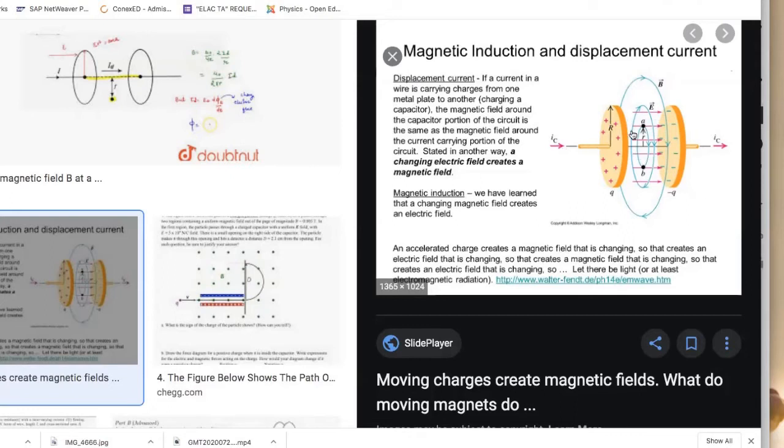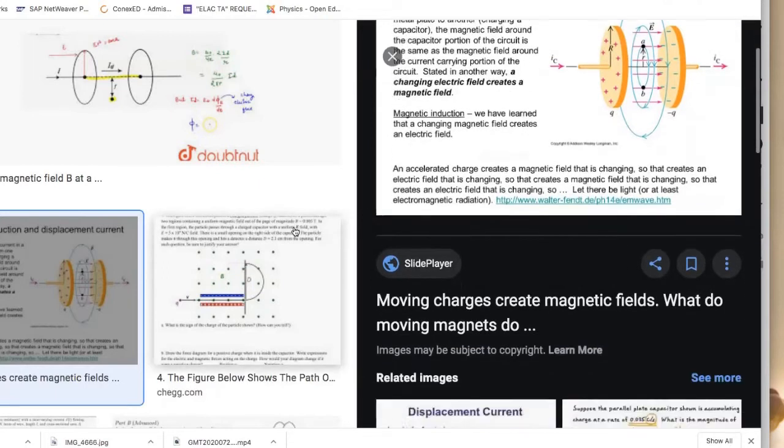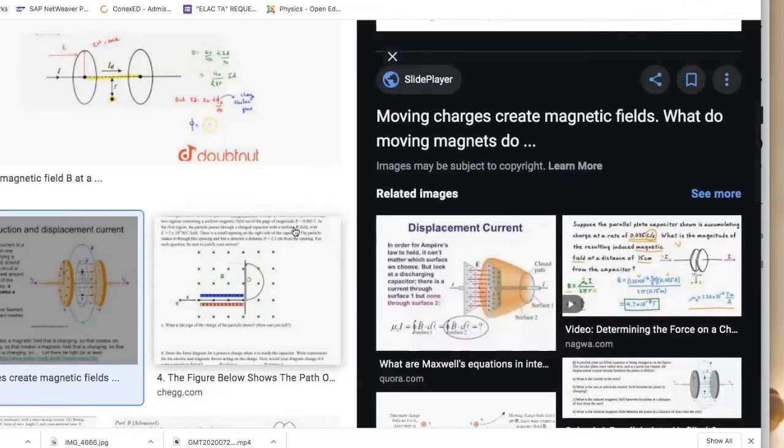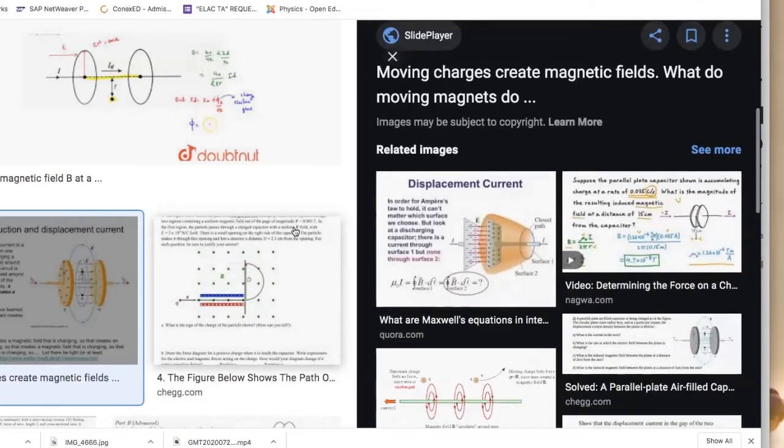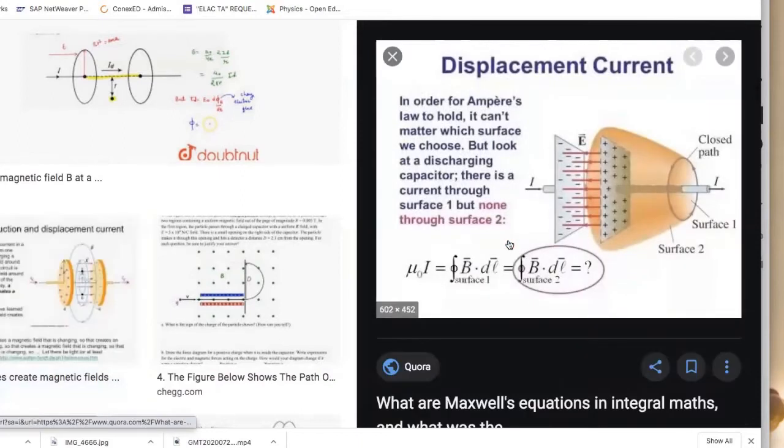It creates magnetism inside the capacitor, inside and outside. That's a pretty good picture.